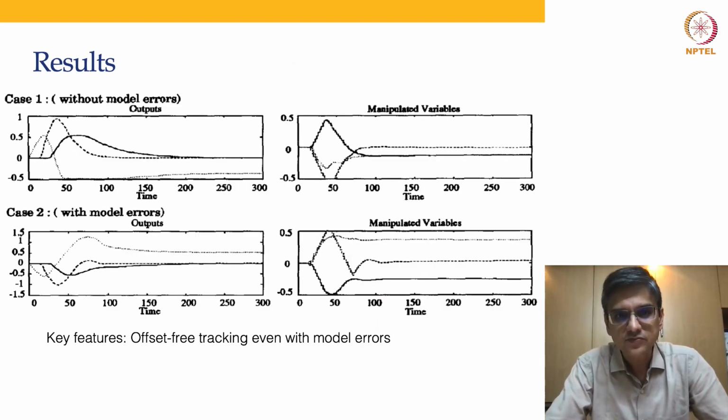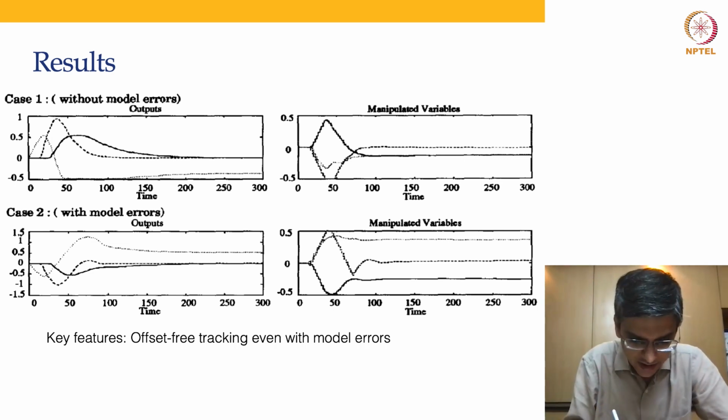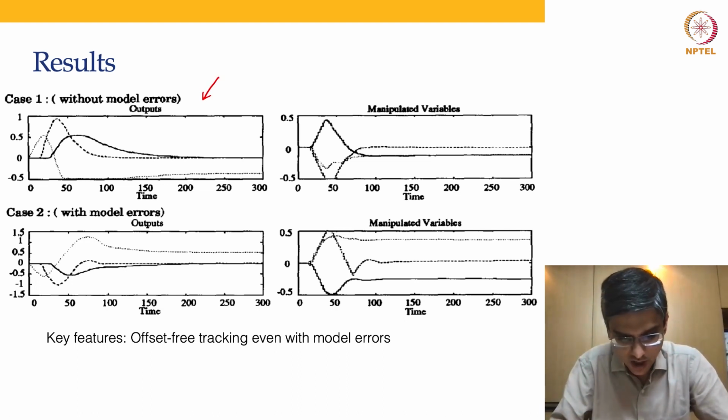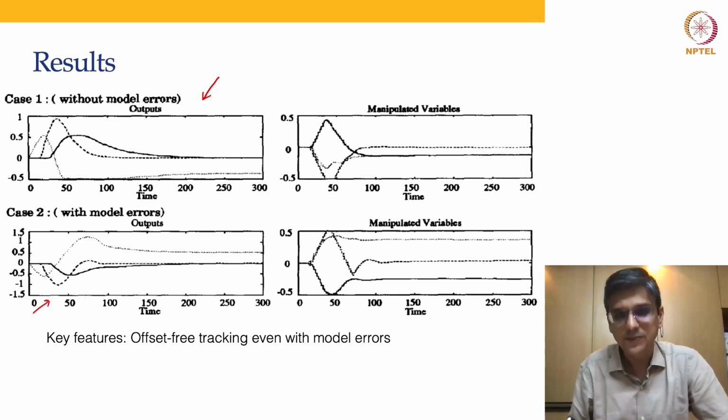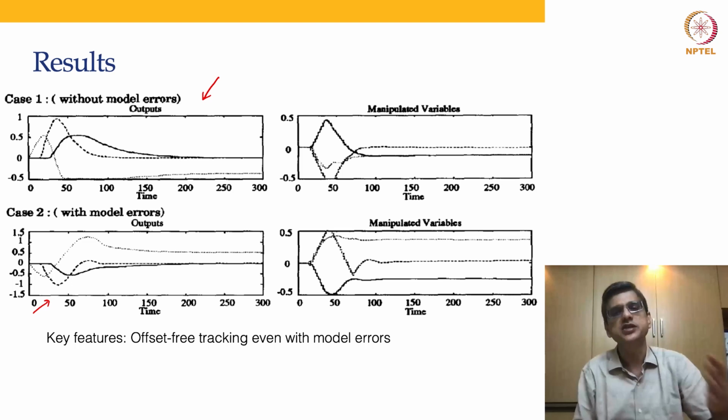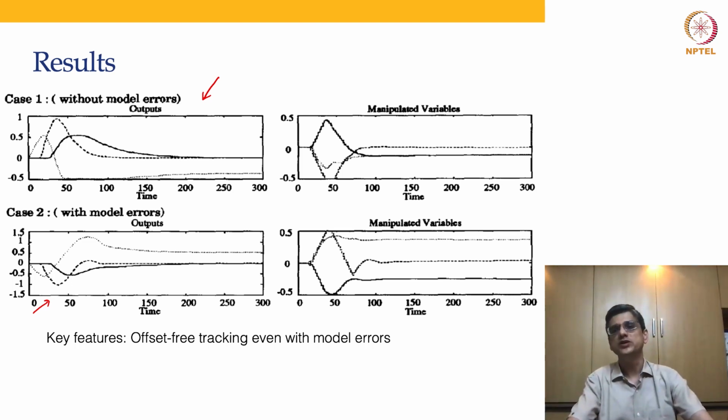Okay, and this is the results, and what they have shown is without model errors, that means perfect information, the system is able to track the set point very easily. But even in case of model plant mismatch, it is still able to track or ensure offset free tracking, and this is immediately based out of the 2 criteria.